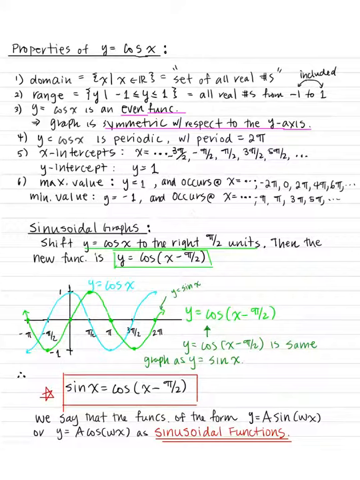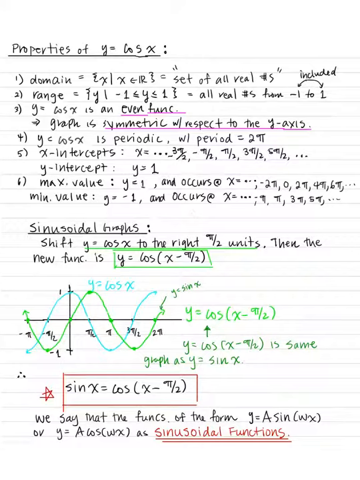Okay, so now let's look at the sinusoidal graphs. I have such a hard time saying that word, sinusoidal. All right, but anyways, shift y equals cosine of x to the right pi over 2 units. Then the new function is going to become y equals cosine of x minus pi over 2. And I already drew the graph of y equals cosine of x.